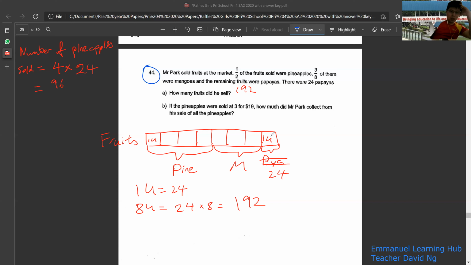Okay. So altogether, he sold 96 pineapples.